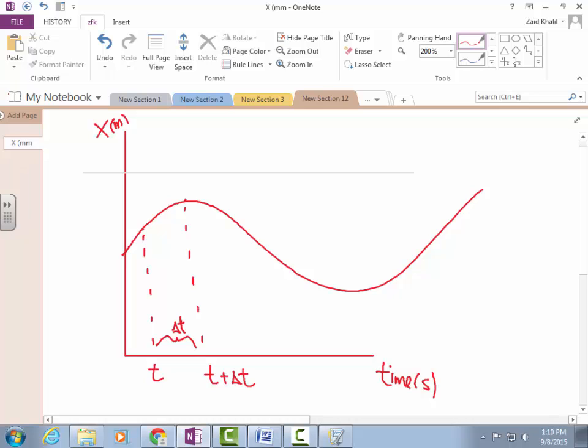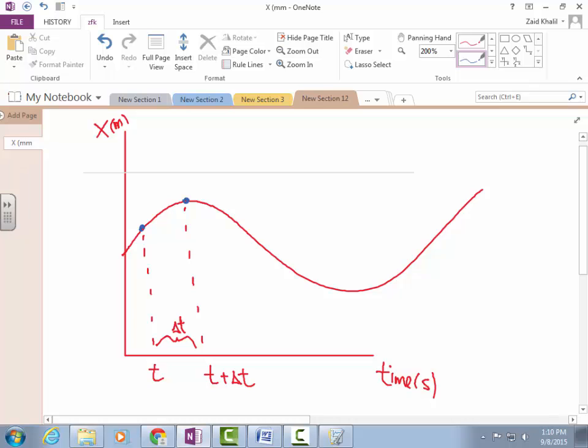So if I were to ask you how to find the average velocity between t and t plus delta t, well, the definition of average velocity is the change in position divided by change in time.